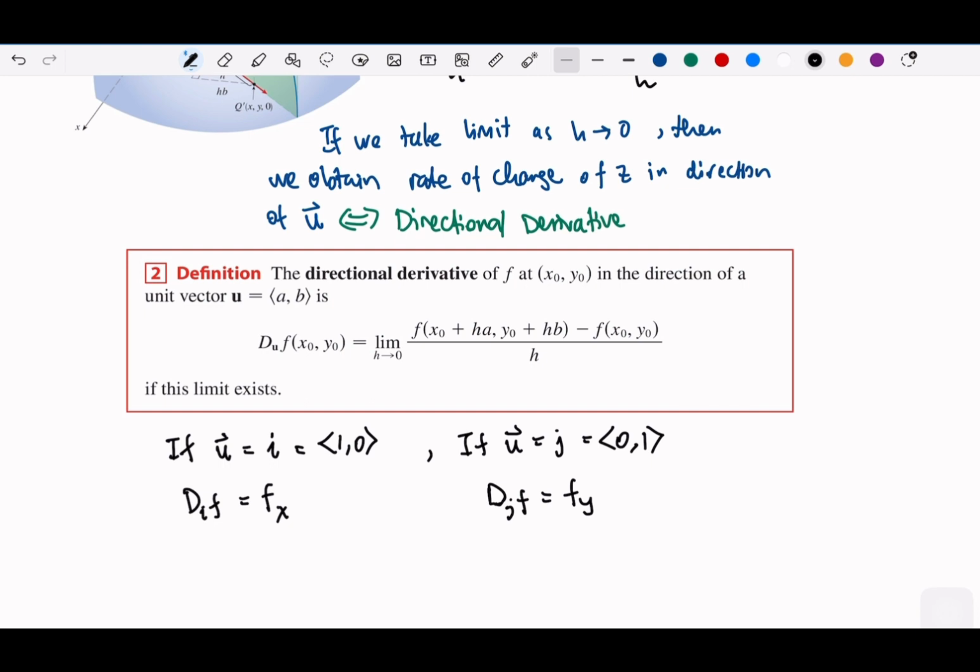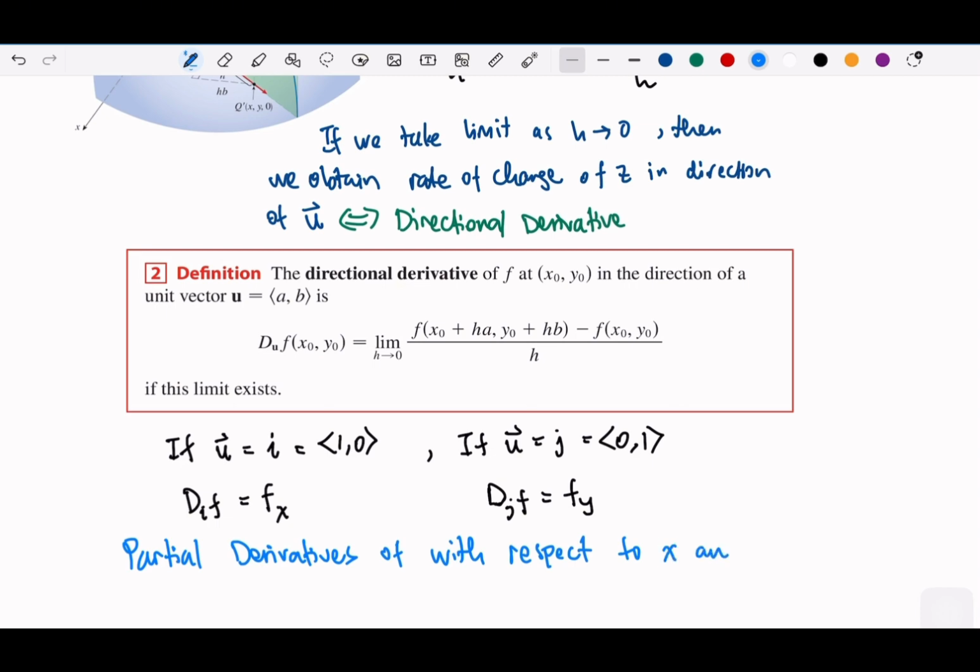So basically, this is just a normal partial derivative, which gives you the definitions that the partial derivatives of f with respect to x and y are just special cases of the directional derivative.